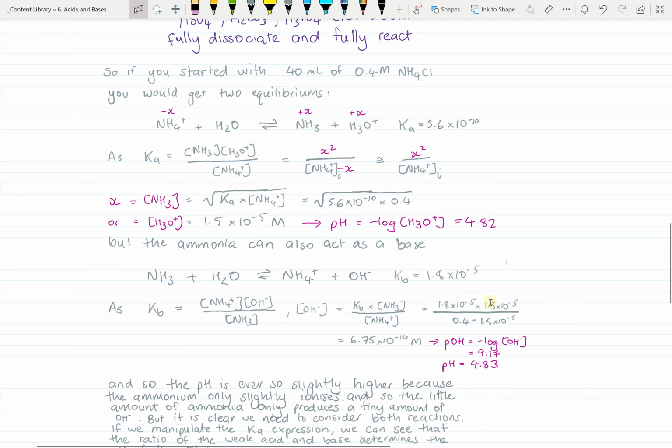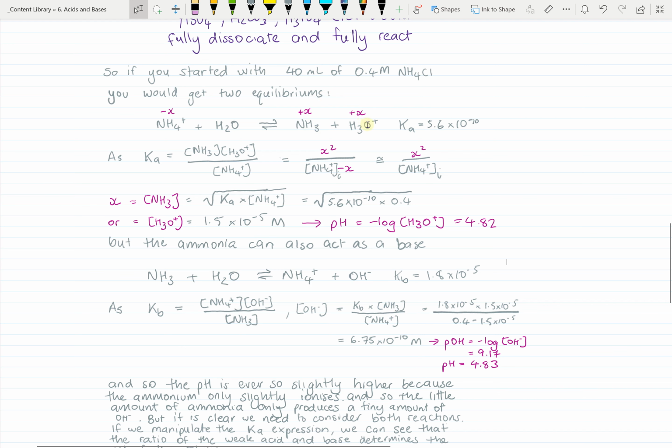Anyway, you plug all these numbers in and you get a concentration for hydroxide being 6.75 times 10 to the negative 10. Now that's extremely low. And all I'm trying to get across to you in your head is that that is a really small contribution of base from your acid. So you put in quite a considerable concentration of ammonium, although most of it stayed in ammonium form.